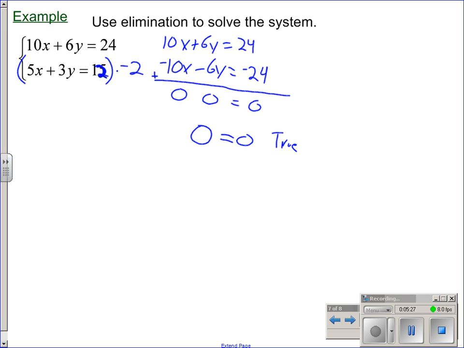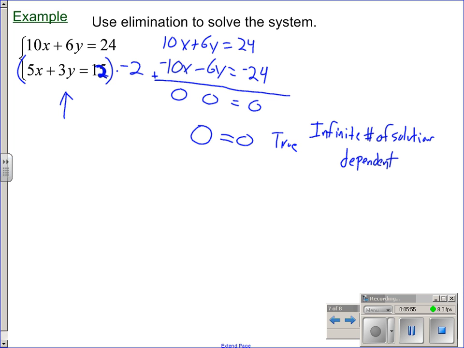And so what that means, again, looking back at the weird results page, when you end up with a true statement, there's nothing to solve for, but it means you have an infinite number of solutions, which is the dependent system. Basically what that means is these two lines, they are exactly the same.